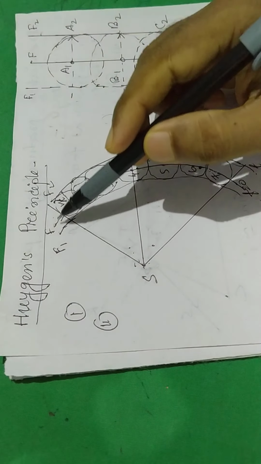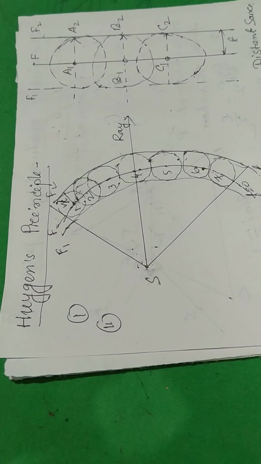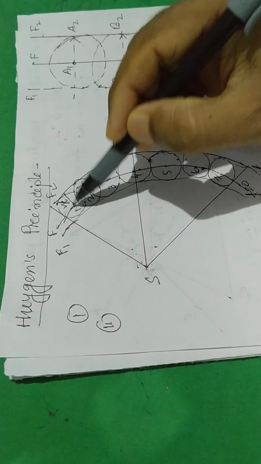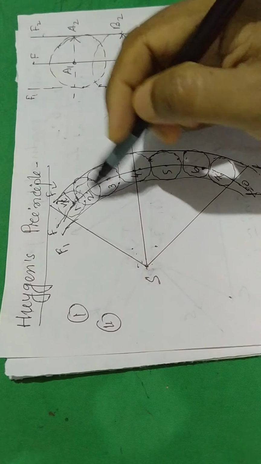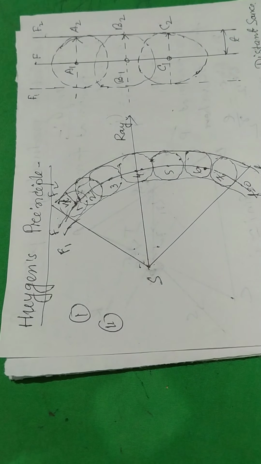So according to the second statement of Huygens' Principle, every point on the wavefront is a center of new disturbance which produces secondary wavelets, and these secondary wavelets are spherical and travel with the speed of light in all directions in that medium.